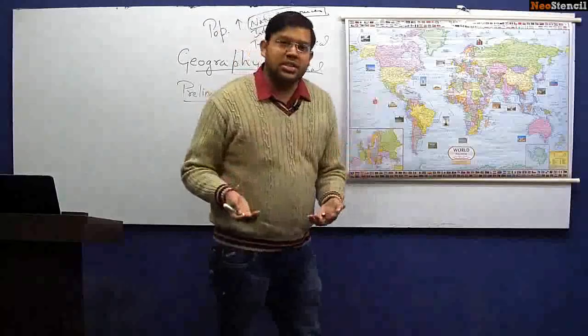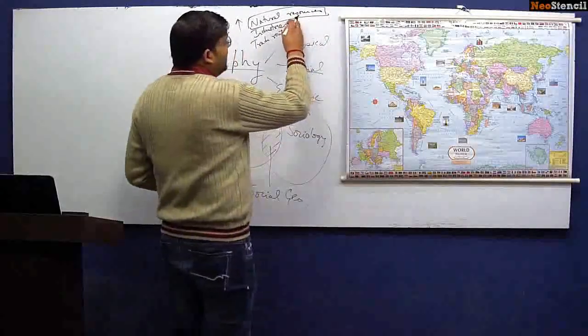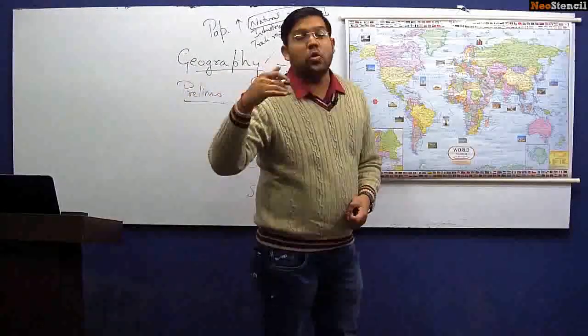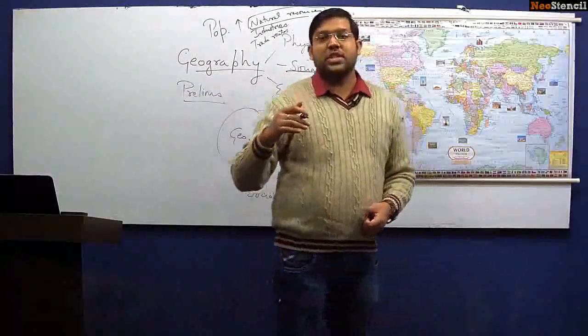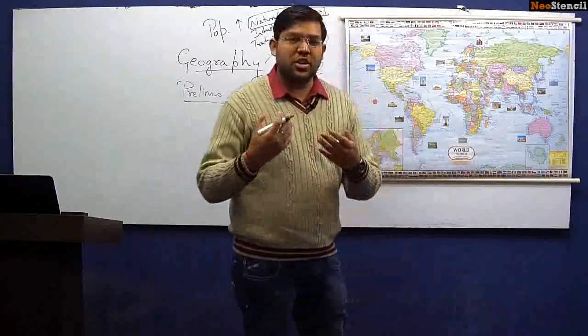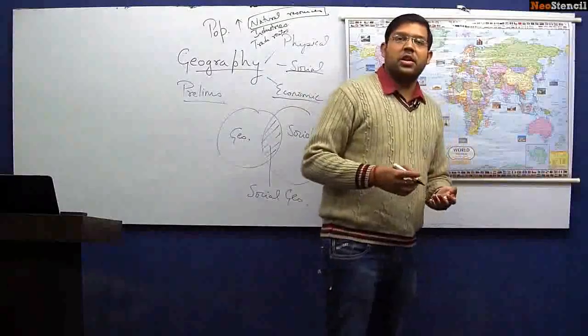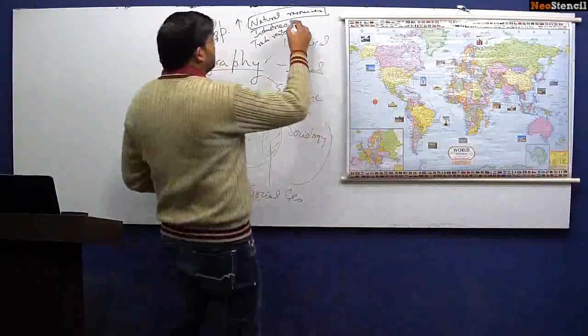Right? There are resource rich regions, there are resource poor regions. So that is something we'll see how, for example, say coal is distributed around the world, because coal is an important energy source, right? How petroleum and natural gas is distributed around the world, how uranium is distributed around the world, right? All of these will come under natural resources.